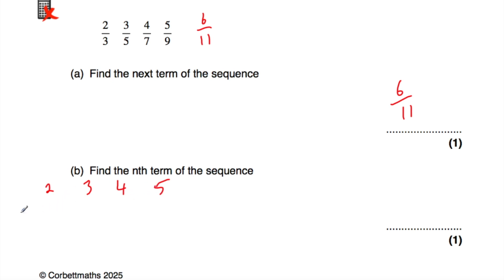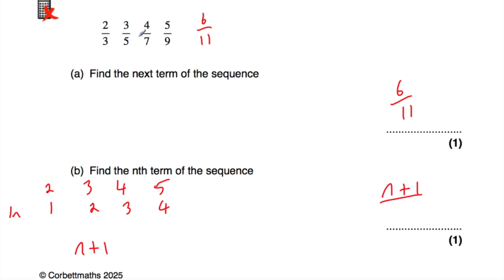So let's write down the 1 times table, 1, 2, 3, 4, and that'll be 1n, or just n. But our sequence is one more than those, because to get from 1 to 2 we add 1, and to get from 2 to 3 we add 1. So the nth term of the numerators would be n plus 1. So our numerator is n plus 1.